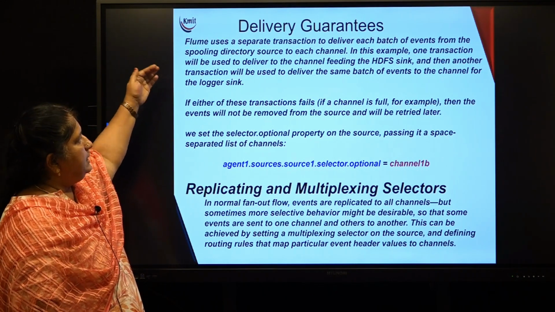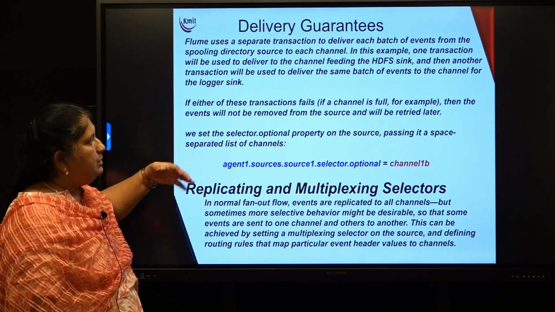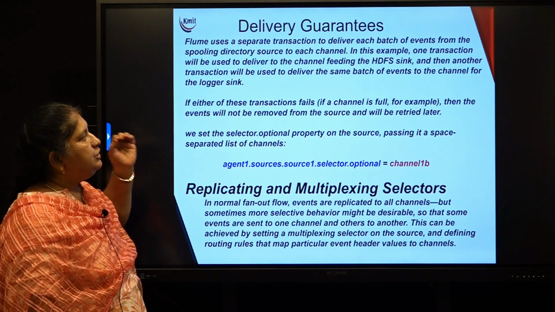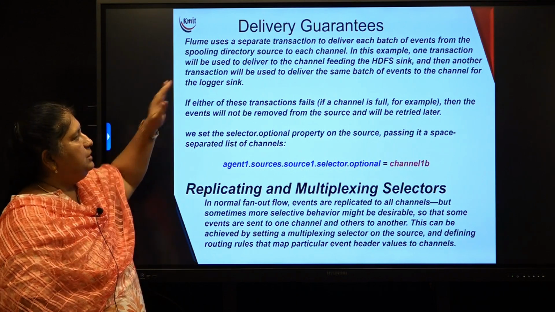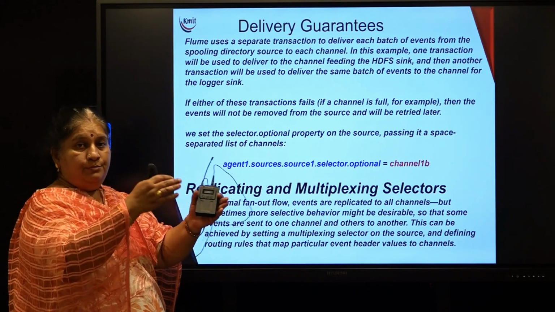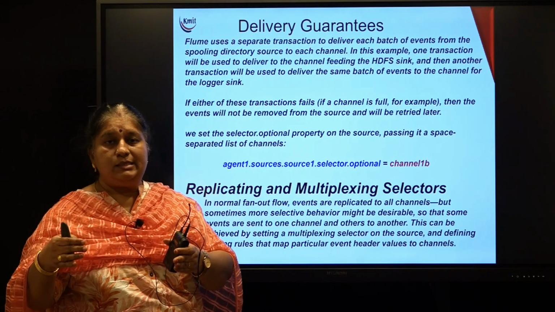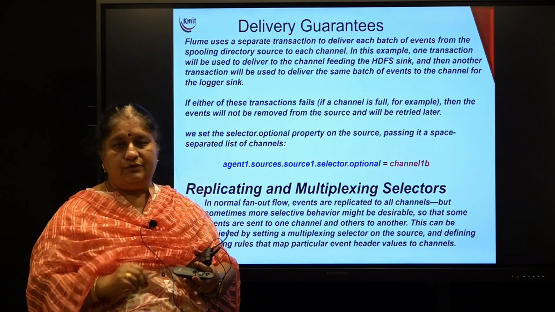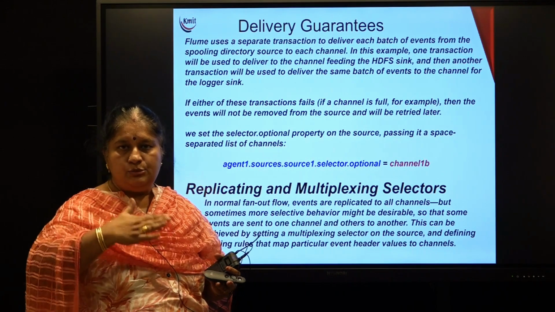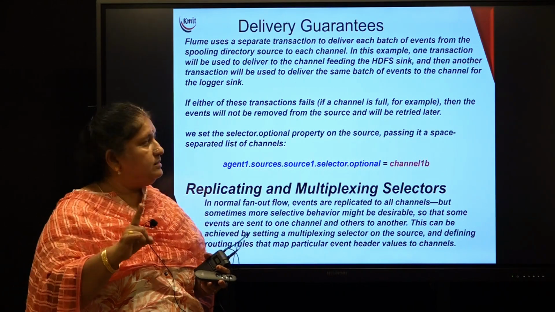Flume uses a separate transaction to deliver each batch of events from the spooling directory source to the channel. So from the source the events list is going on to the channel, and for that one transaction is counted. From the source to the channel is one transaction.